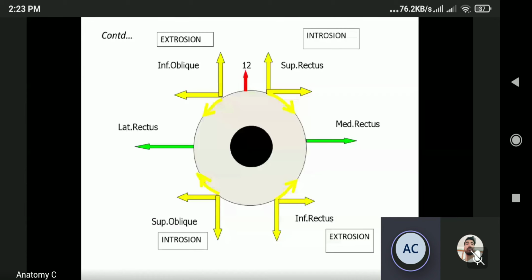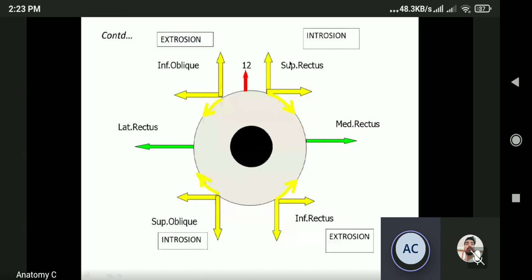So all of you just draw this picture, because we have orbit 2 also. In that class we'll discuss it. Make a circle first, and all of you have your copy or pencils.